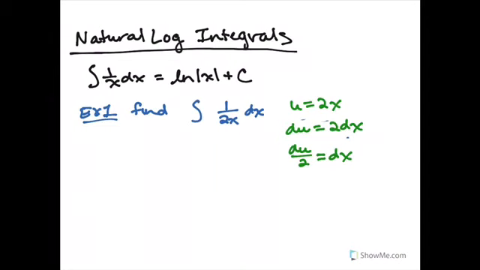So this becomes the integral of 1 over u times du over 2, which will give me a 1/2 out front from the du over 2. The integral of 1 over u is natural log of u.